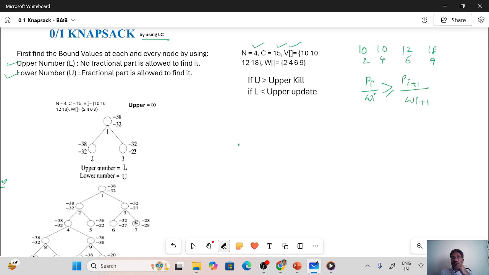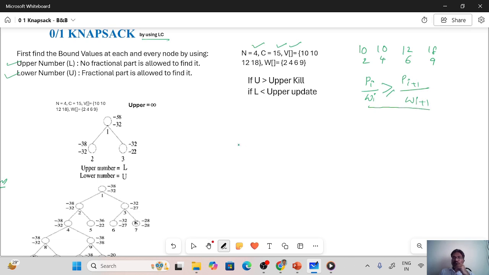Otherwise, setting the boundary is very difficult. Some of you may think, sir, what is the time we spend to sort all these? Maybe n log n. But our problem is NP-hard, nothing but exponential. So n log n is not a big time compared to the exponential. That's why first I arrange all the items in this order.